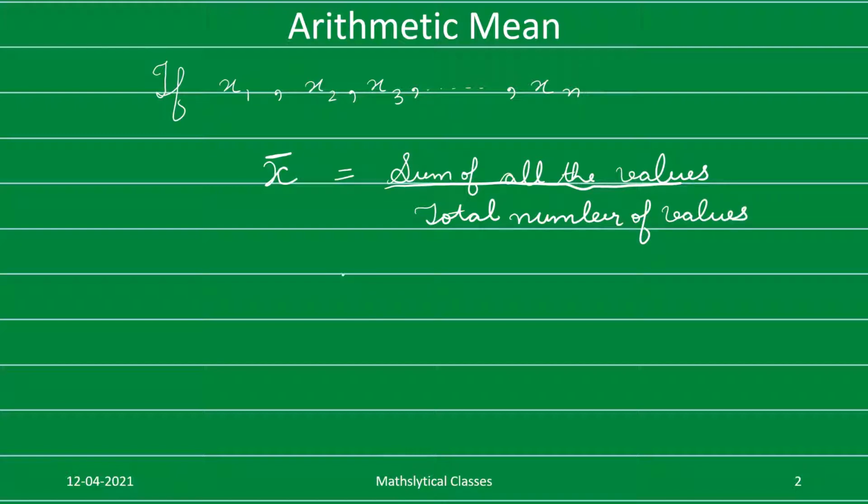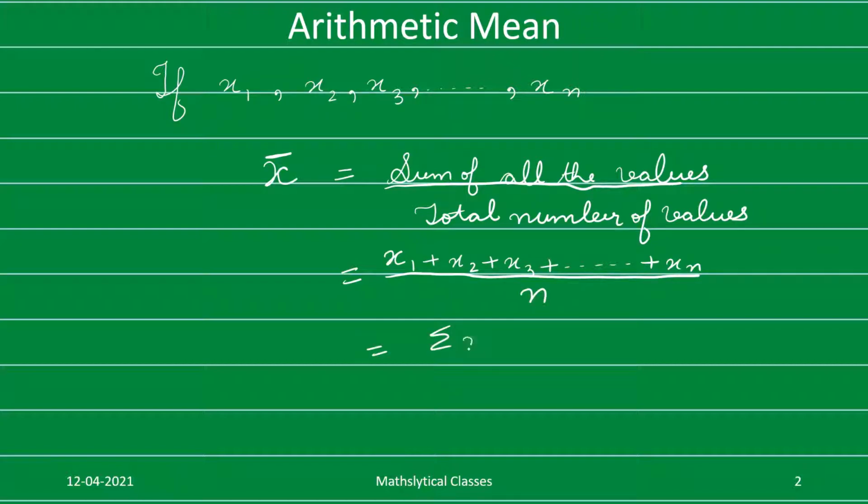So there are n values, x1, x2, x3, and so on to xn. We write the sum of these n values, x1 plus x2 plus x3, and so on to xn, divided by the total number of values. How many values are there? There are n values. So this is the formula to calculate the arithmetic mean.